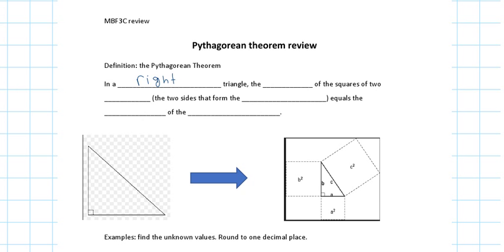It's a triangle with 90 degrees. The sum of the squares of the two bases, the two sides that form the right angle, equals the square of the hypotenuse.